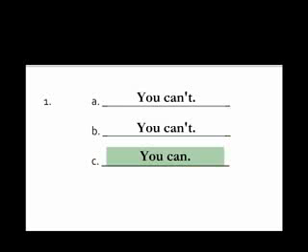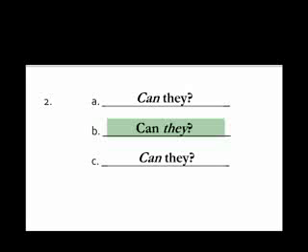You can't, you can't, you can. I said, you can't, you can't, you can. C was different. 2. Can they? Can they? Can they? I said, can they? Can they? Can they? B was different.